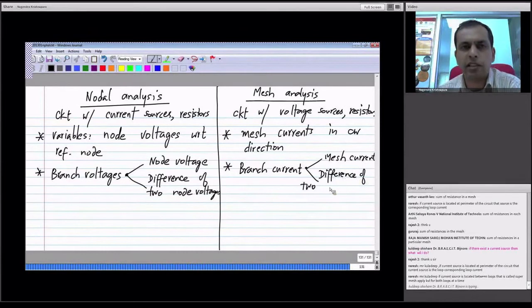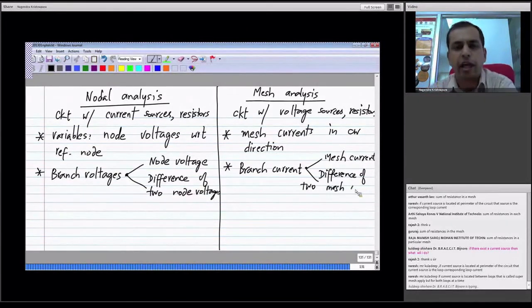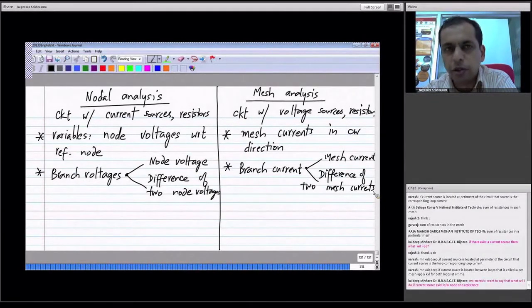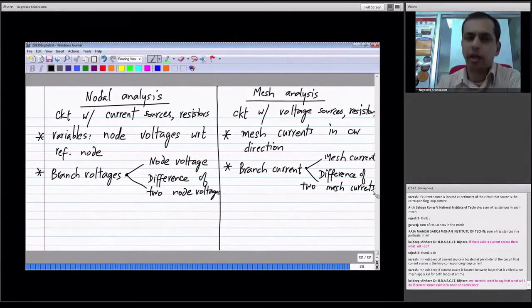So for branches in the middle, again, by taking the analogy of the map, those will be the borders between two states. The current in those branches will be the difference between current in the left branch and the current in the right branch, okay. So the current in one will be in one direction, the current in the other one will be in the opposite direction, and this happens because we choose all mesh currents in the clockwise direction.